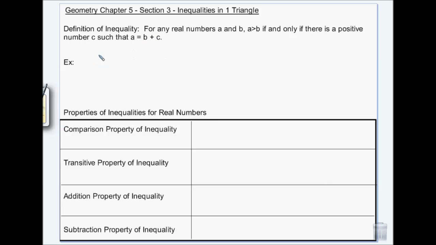So A is greater than B only if there's a number C so that if you add B and C together, it's equal to A. For example, if 5 equals 2 plus 3, that means that 5 is greater than 2 and 5 is greater than 3. So what we're saying is A is only greater than B if you can add something to B and have it equal A.